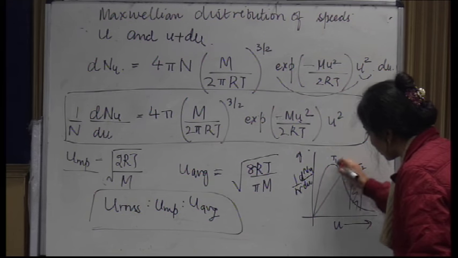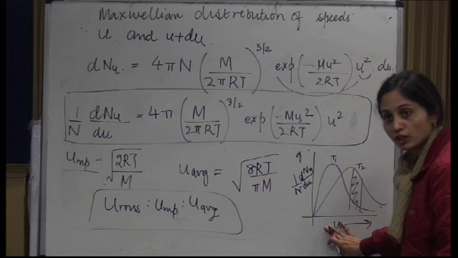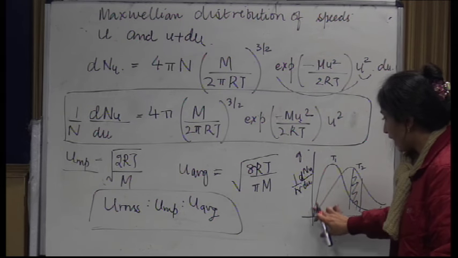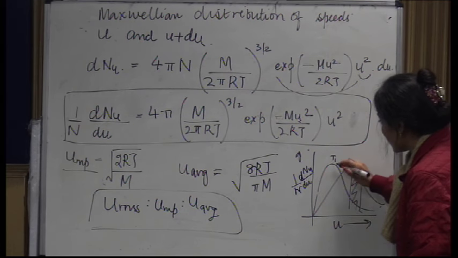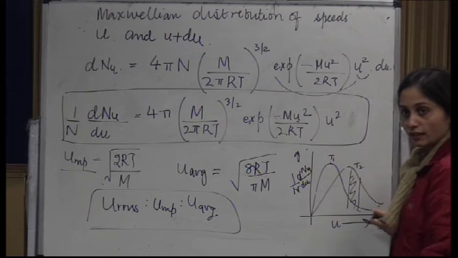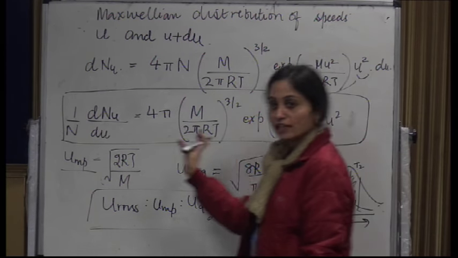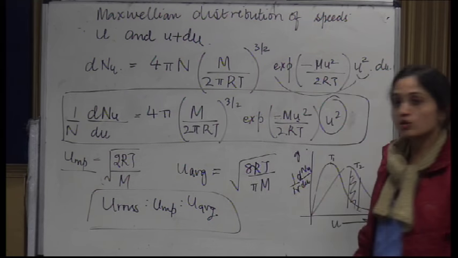Let me just talk about a simple curve. What is happening first? This fraction of molecules moving with a particular speed, as the speed is increasing, that fraction of molecules is increasing. Now here, after some time it starts decreasing. Remember that the initial part of the graph is dominated by your u square factor.